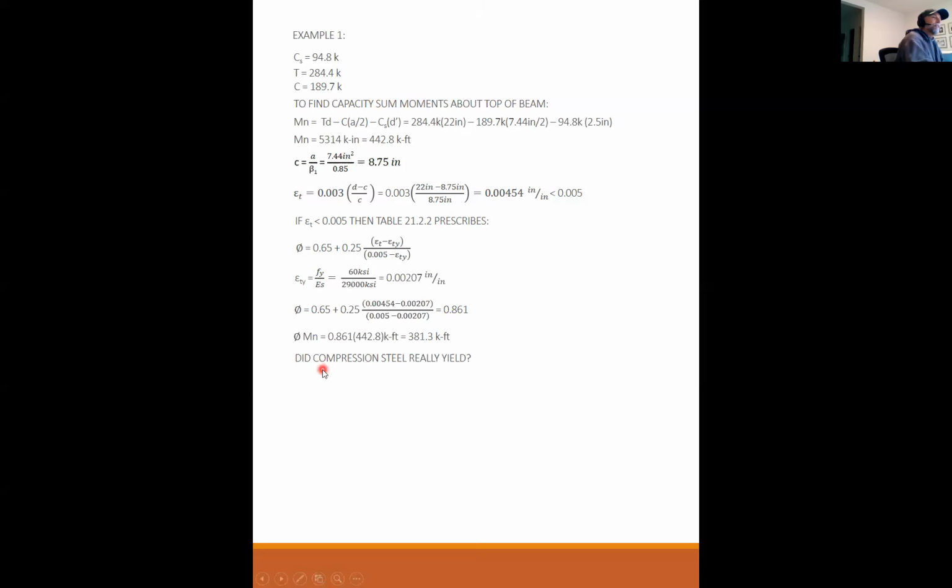And we can check, did the compression steel really yield? Using similar triangles, I can go back and back calculate what the strain in that compression steel was. It was 0.0214, which is greater than 0.00207, and so it did in fact yield.